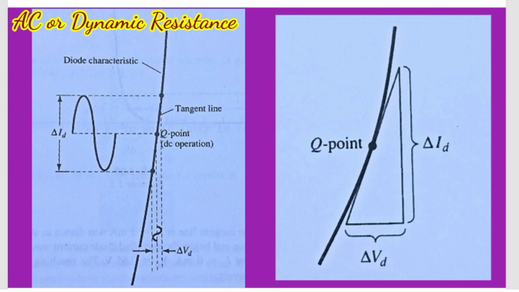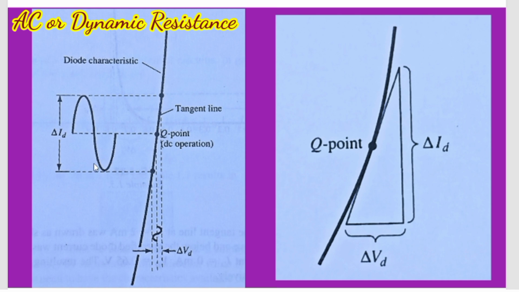From the previous discussion, it is clear that the DC resistance of a diode is independent of the shape of the characteristics in the region surrounding the point of interest. If a sinusoidal rather than a DC input is applied, the situation will change completely.